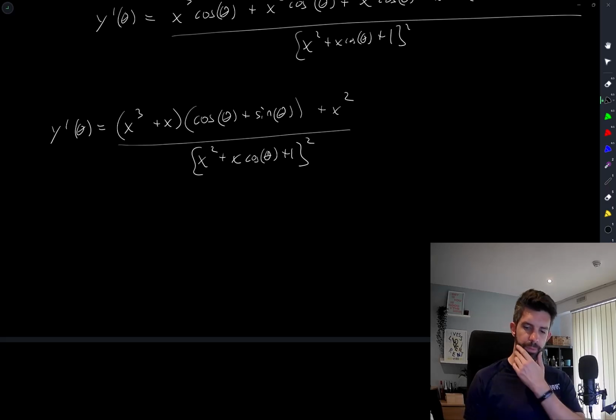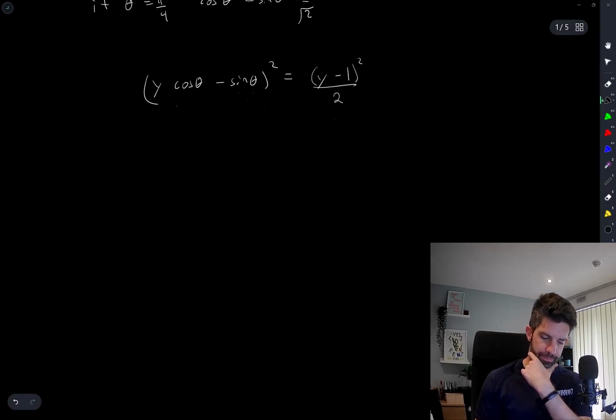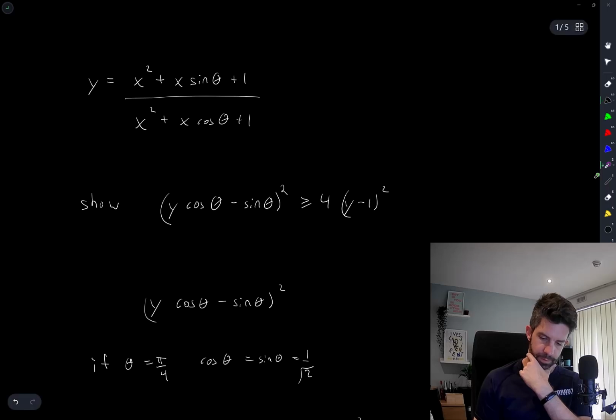Oh, wait a minute. The right-hand side of the inequality I'm trying to show, this still depends on theta. So what I'm doing here is really not going to work.